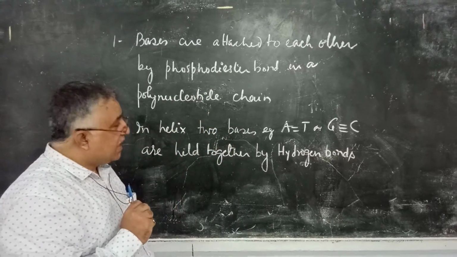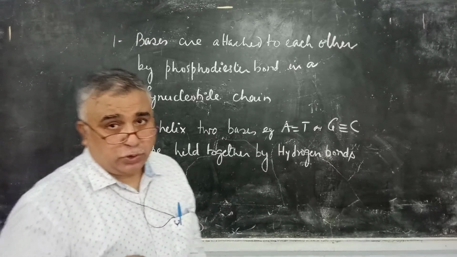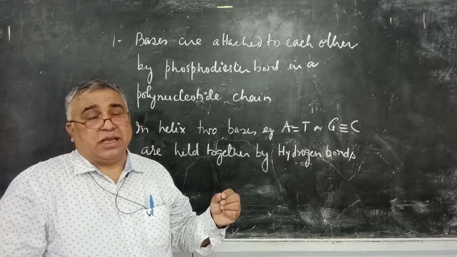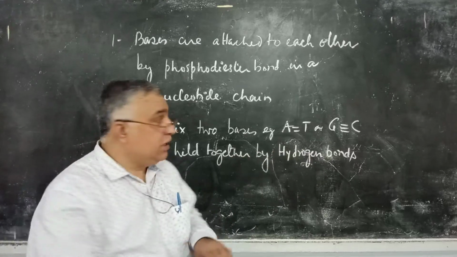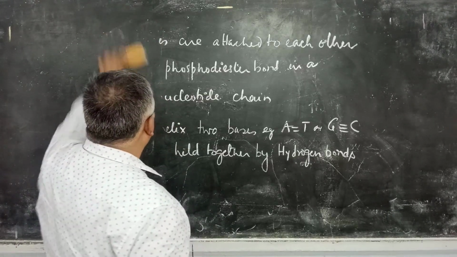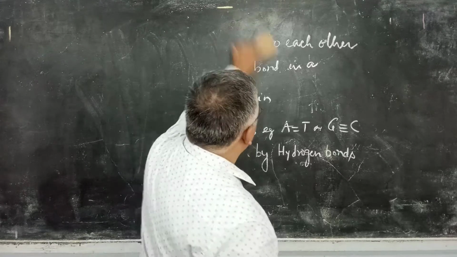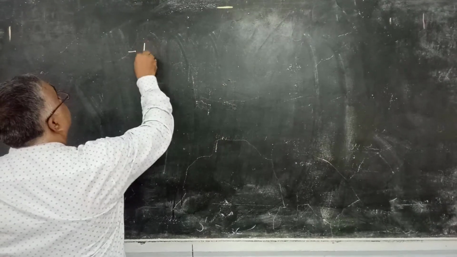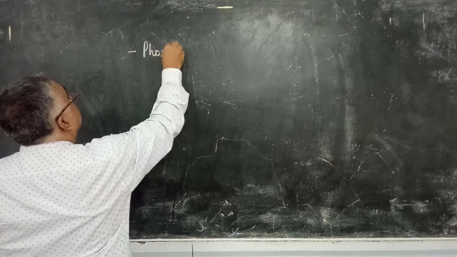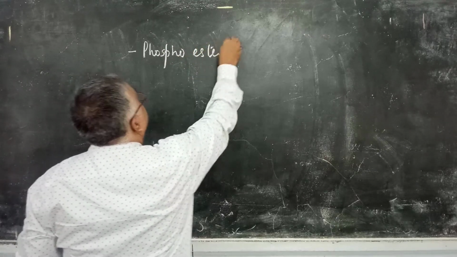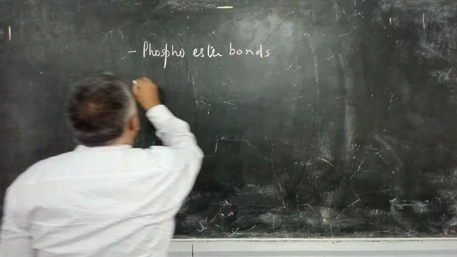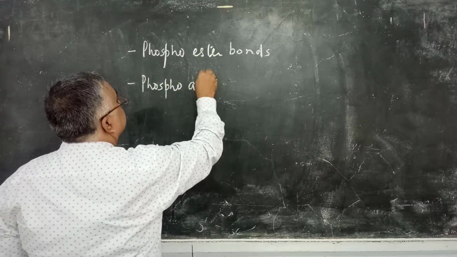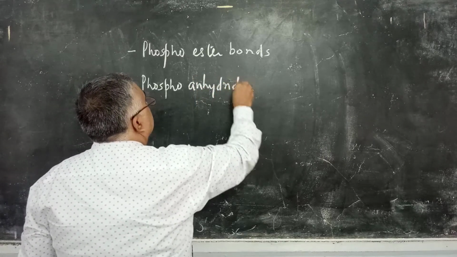a helix. But besides this, there are some other bonds also which are present in a nucleotide, and they serve as high energy bonds. And these bonds which also serve as high energy bonds are phosphoester bonds and phosphoanhydride bonds.